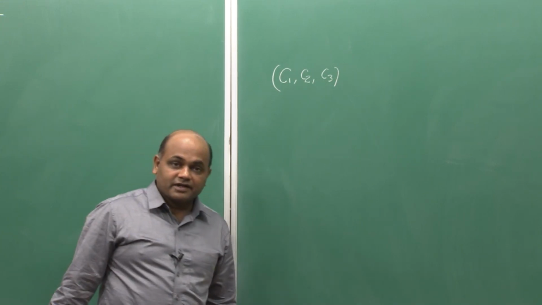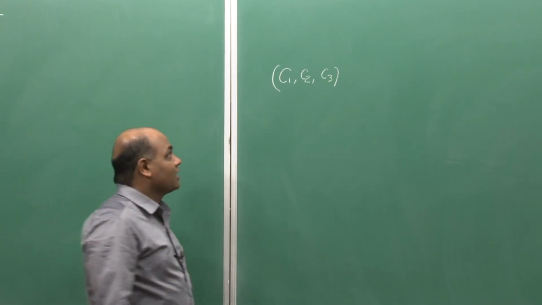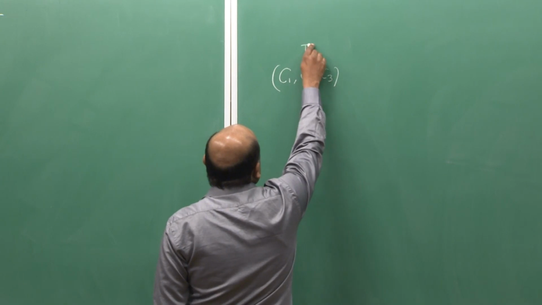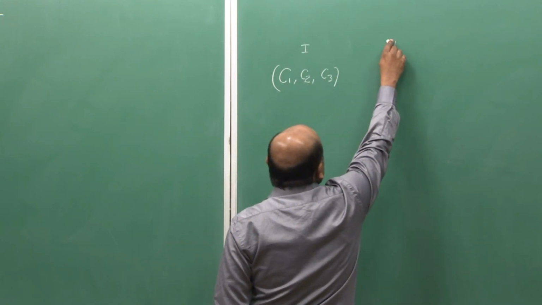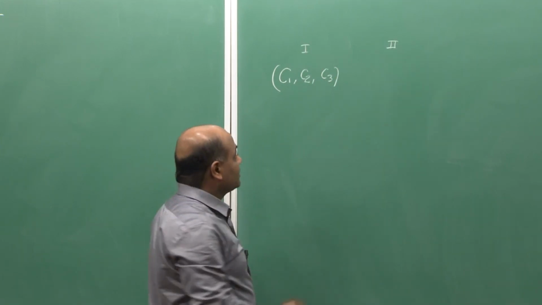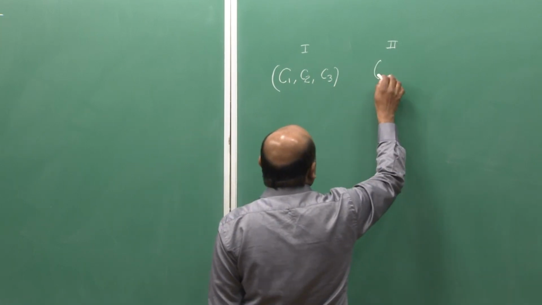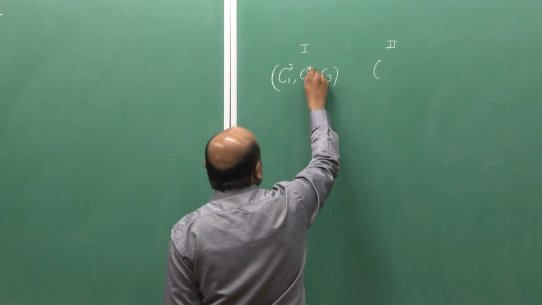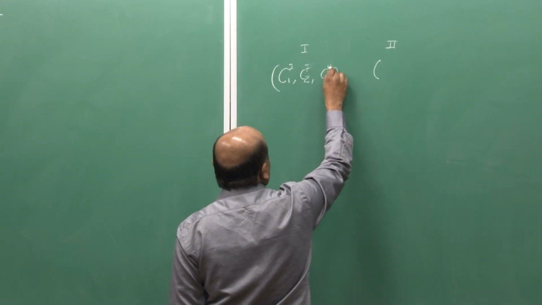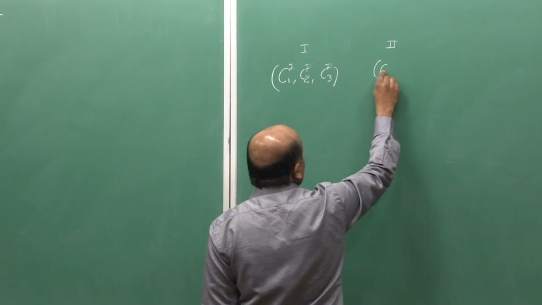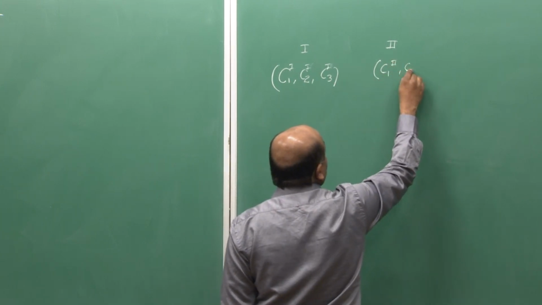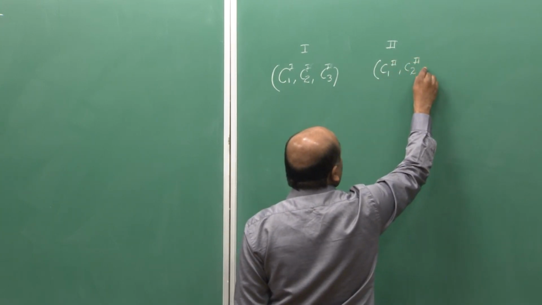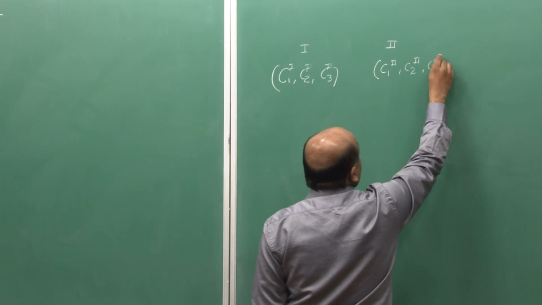So, if I design a couple between, let us say, alloy 1 and alloy 2, I have 2 terminal alloys with concentration, let us say C11, C21 and C31 and C12, C22 and C32.